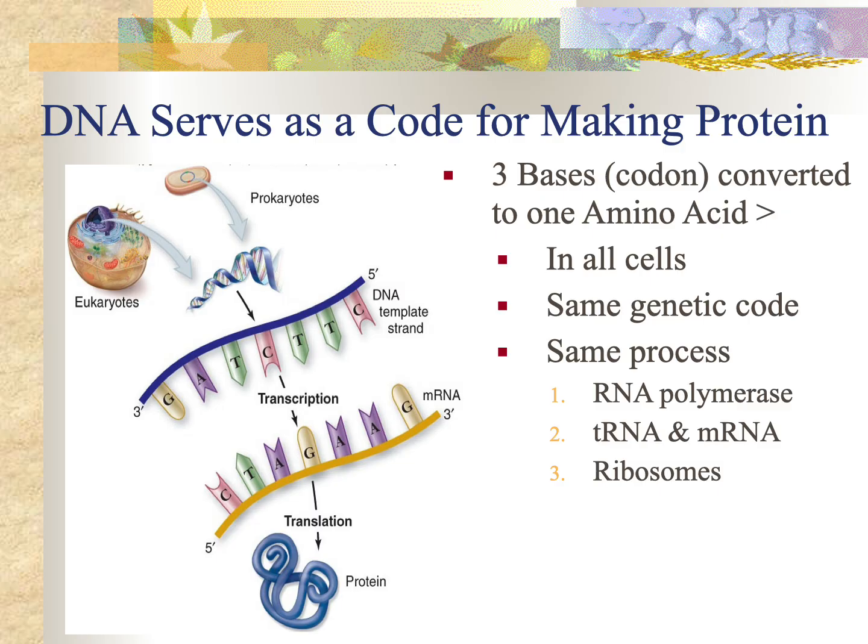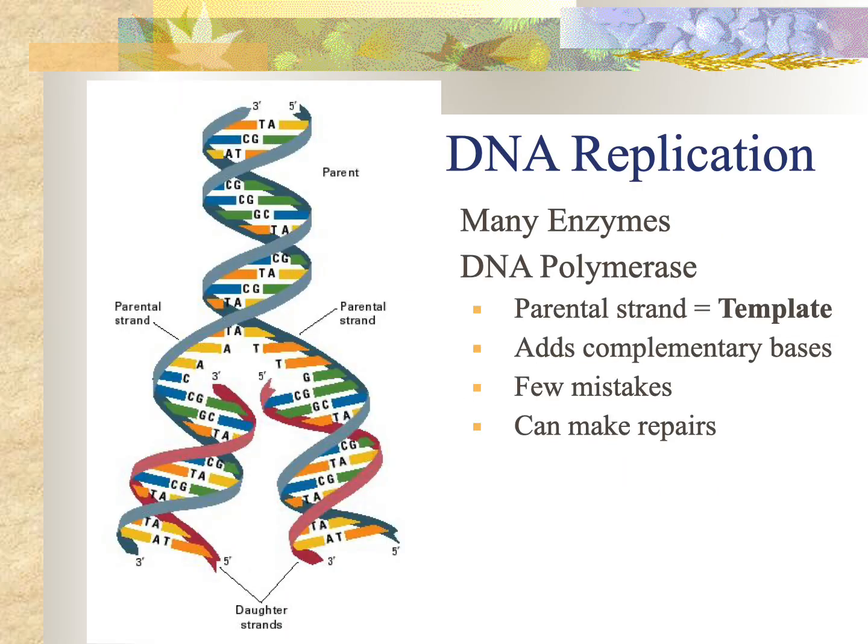And it turned out that this was the same in all cells, using the same genetic code and the same process for converting a DNA sequence into a sequence of amino acids in a protein. And this involved a couple enzymes and a couple molecules. And this structure also explained nicely why DNA could be easily copied.